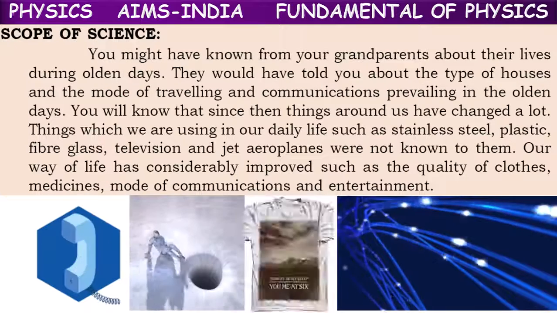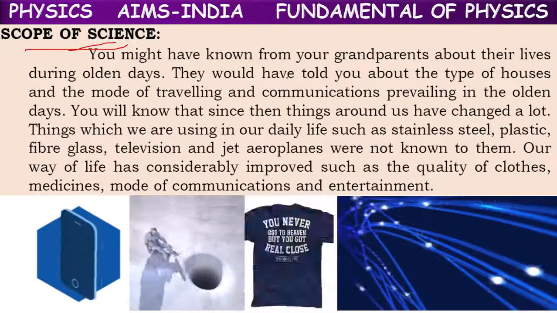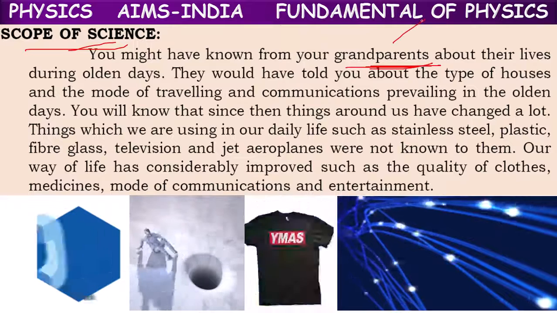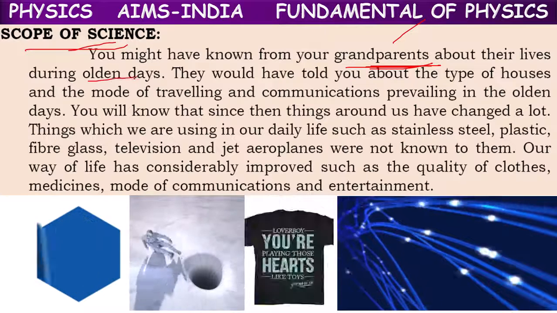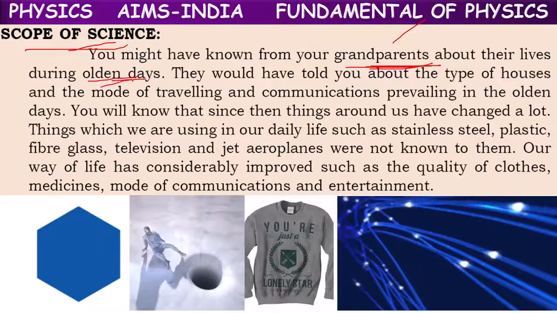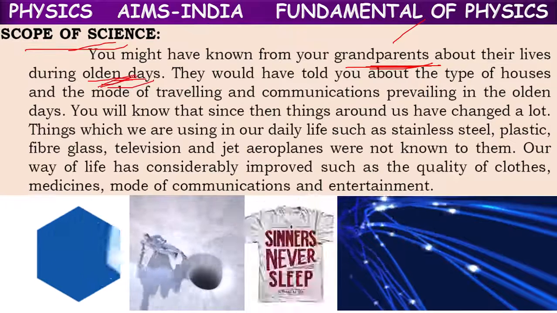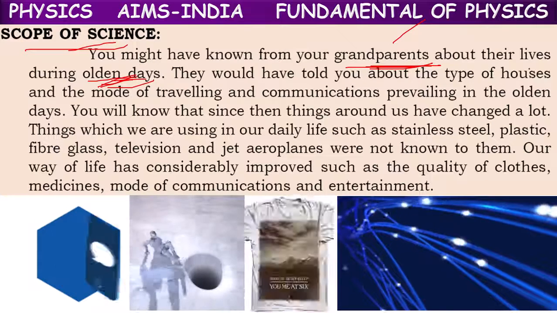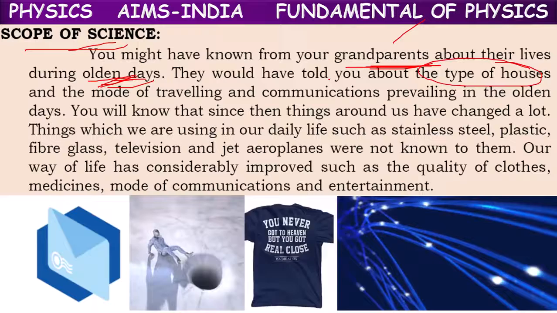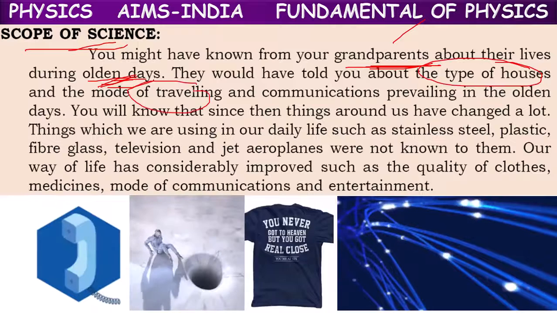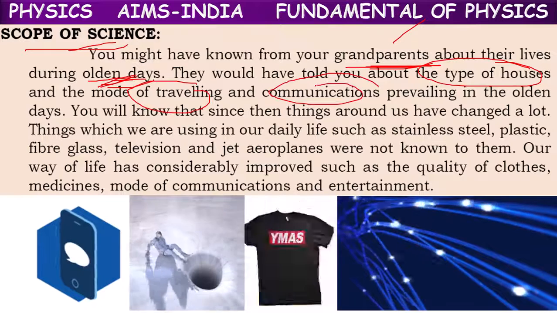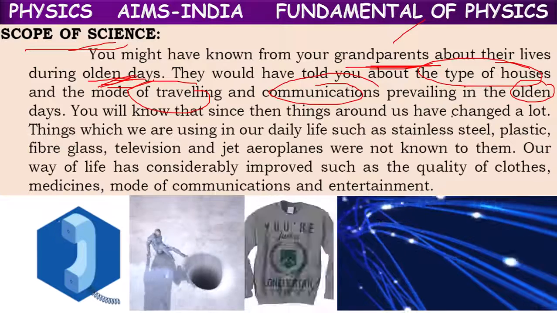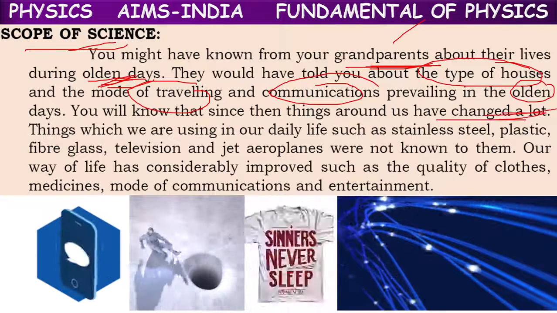Next one, scope of science. So when we compare our life with our grandparents' life in olden days, and compare the present day, the types of houses we are living in, or mode of traveling, or mode of communication, have changed a lot.